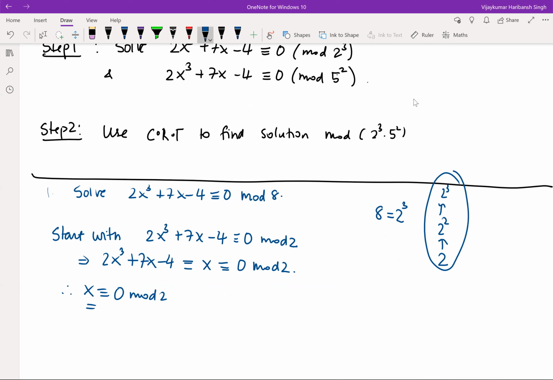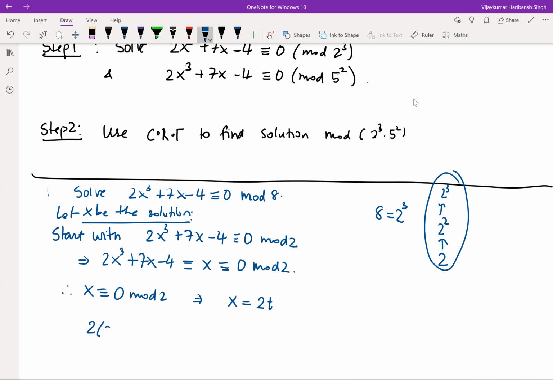This means x is some multiple of 2, so x equals 2t. Let's put this back.